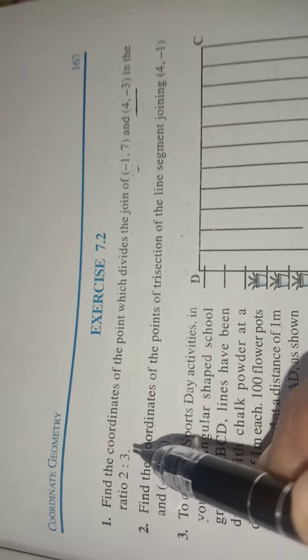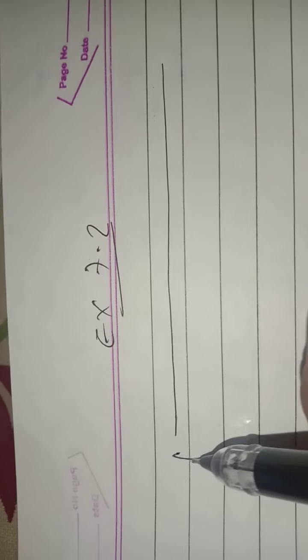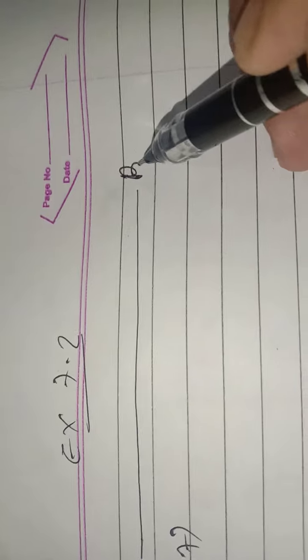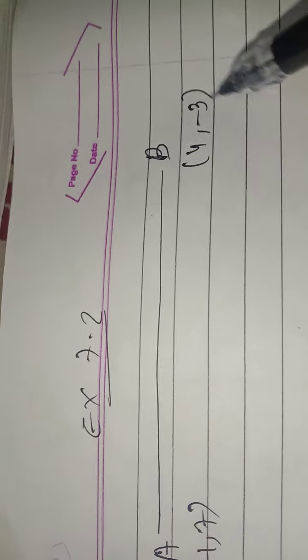So in each question I would like to refer you to make the diagram. So what we'll do now, exercise 7.2, just drawing a line segment giving the point A as (-1, 7) and B as (4, -3).